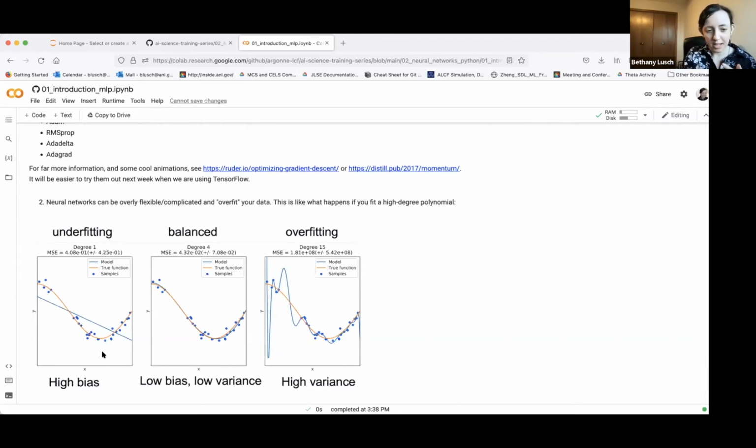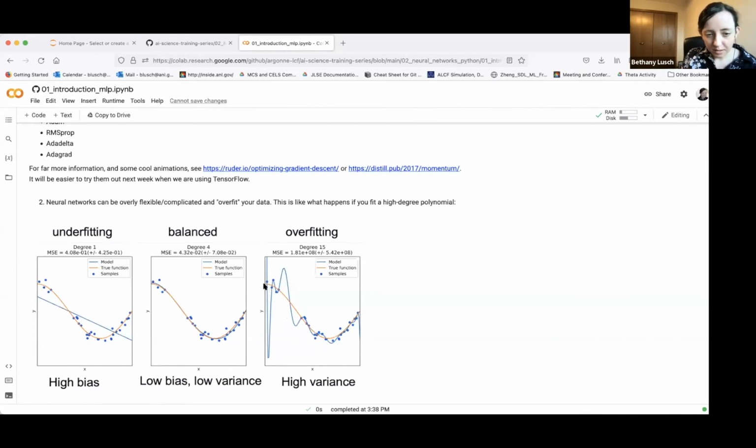Some people call it a high bias because you're being very restrictive in your assumptions. Now, if you fit this data with a degree 15 polynomial, it'll do these crazy curves so that it can hit a lot of those points.